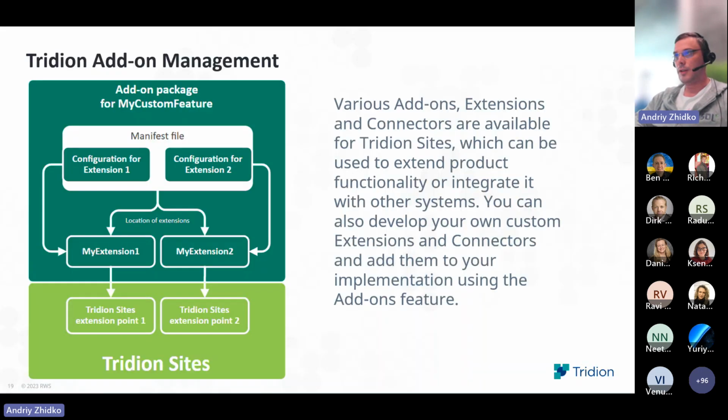A bit of context about the area I am going to talk about. Tridion add-on service is our default extensibility mechanism for the Tridion Sites product. We have various extensions and connectors available for the product, and you can also develop your own.